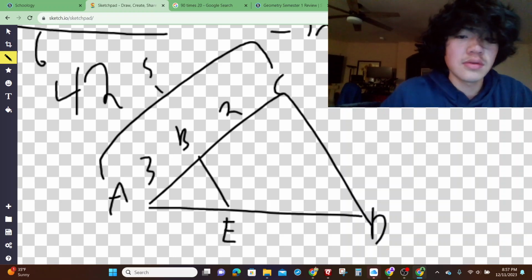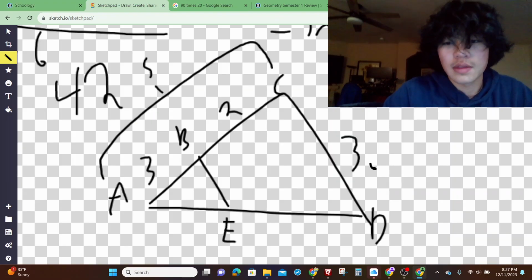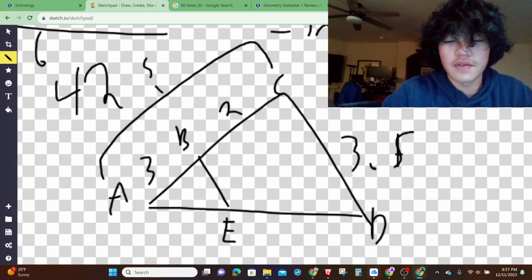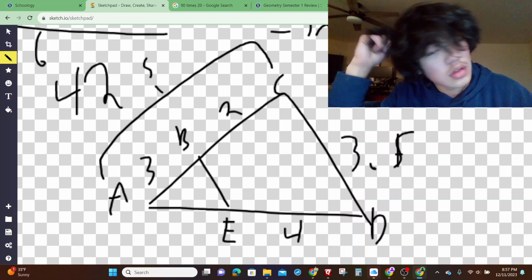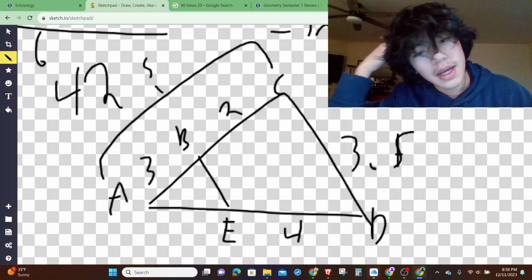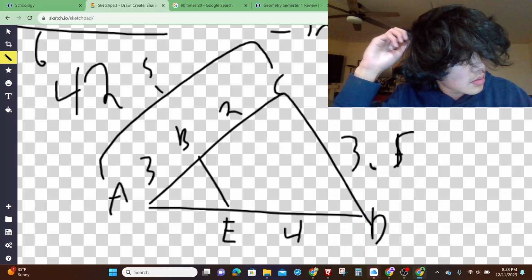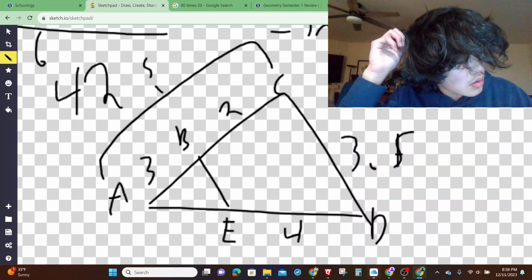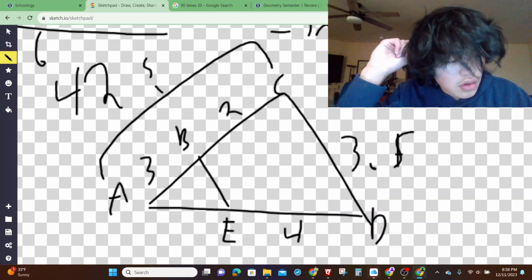So that is 2. Then it gives us 3.5, that is 4. And then 2 to 4 is multiplied by 2, so we do the same here. 3 times 2 equals 6.